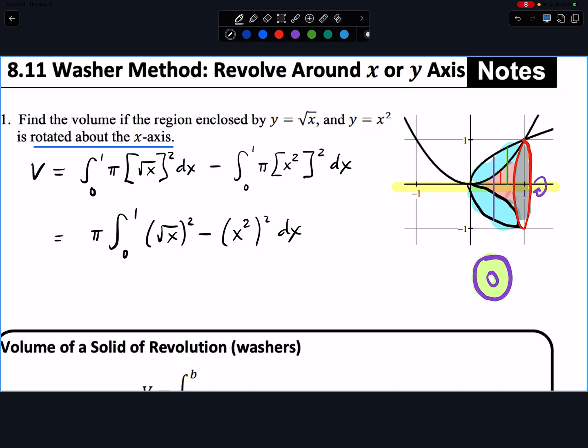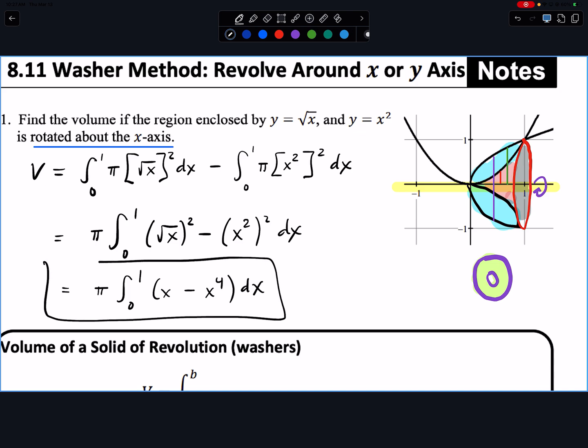And if I want to clean this up, what is the square root of x squared? x. Minus what's x squared squared? x to the fourth dx. This would give me the volume of our shape.